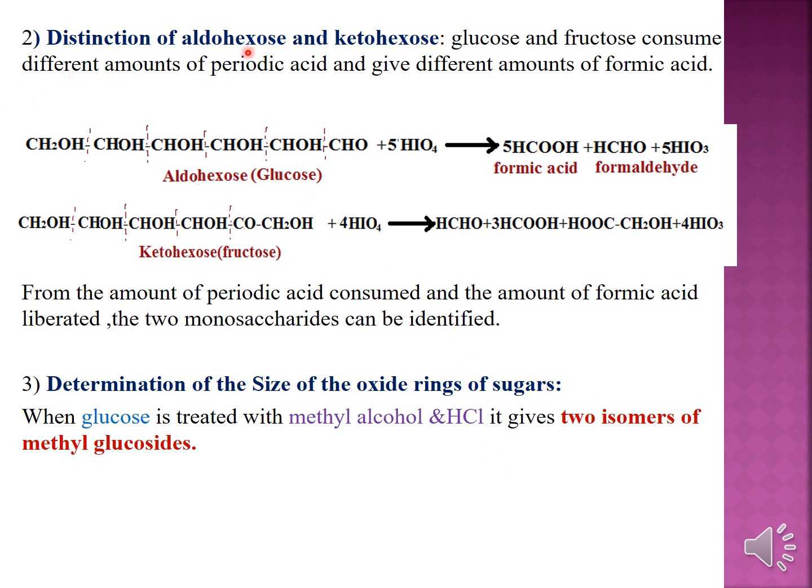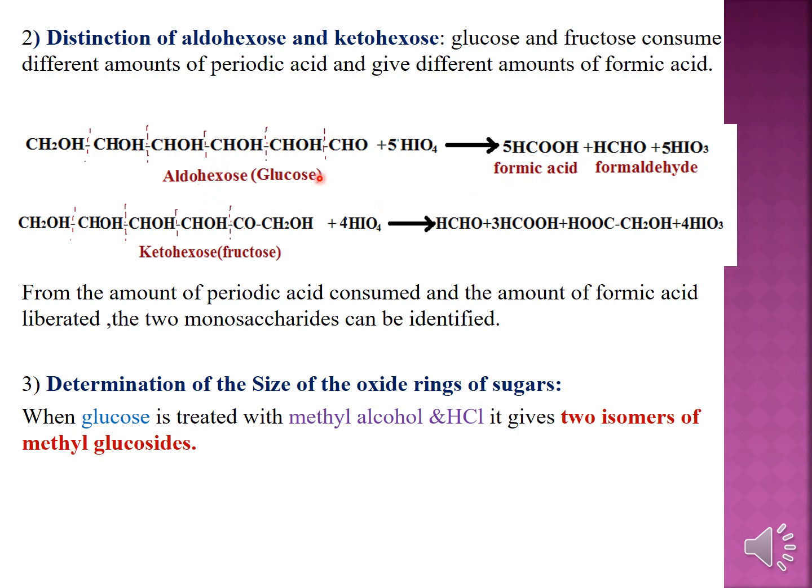How will you distinguish the aldohexose and the ketohexose? With glucose and fructose, they consume different amounts of periodic acid and give different amounts of formic acid.